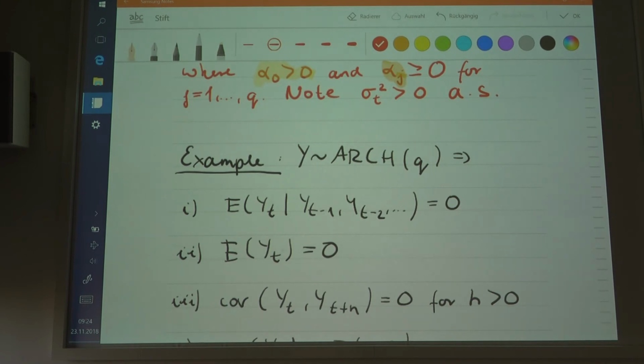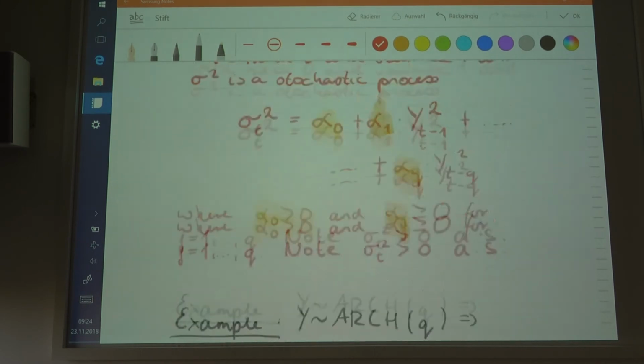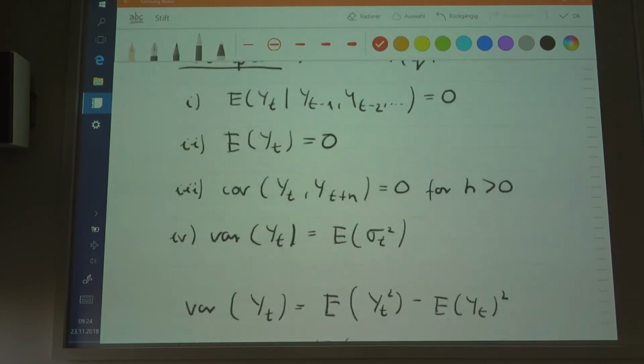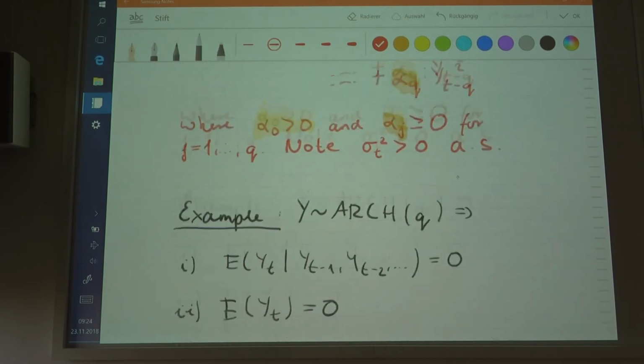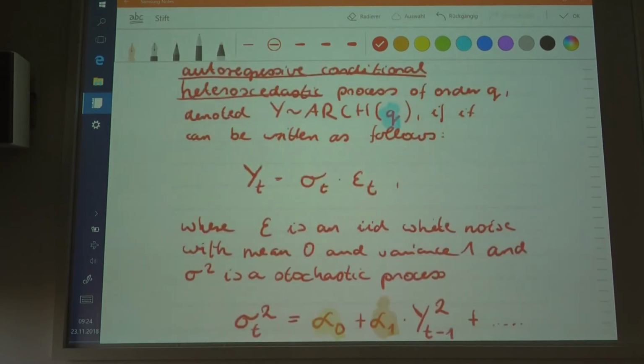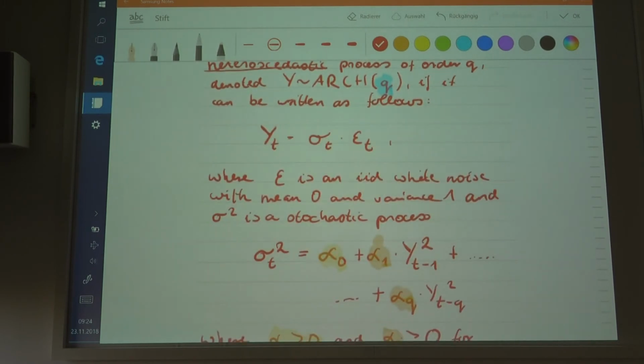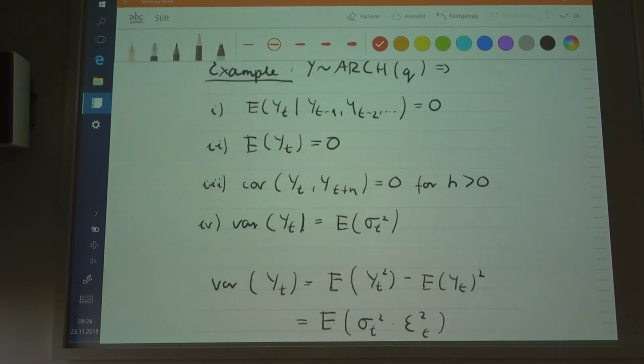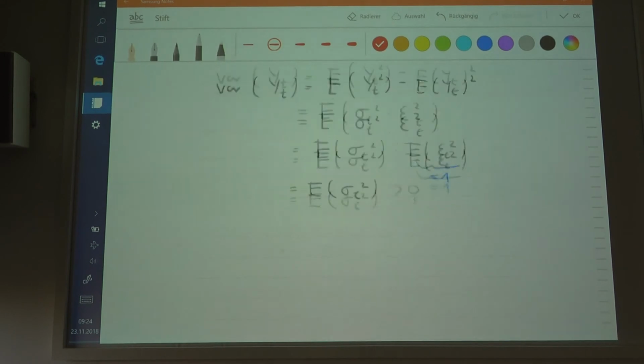Now let me just summarize. These are properties that automatically follow basically from the definition. So this is what you would generally have.